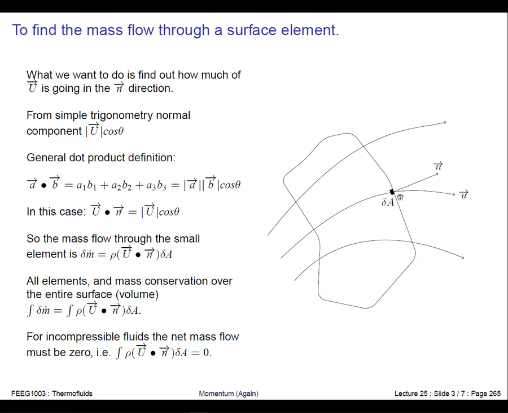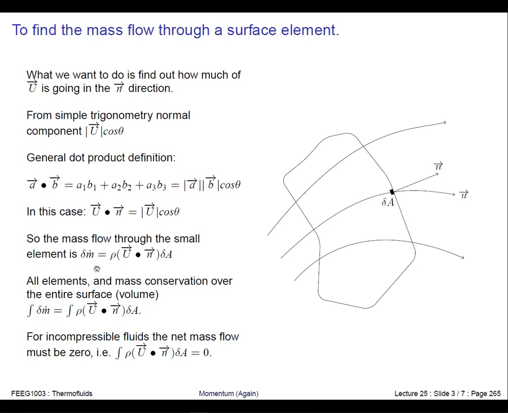If we've got vector A and vector B, vector A is the velocity vector, and vector B is the unit normal to this little area element. If I work that out, I end up with the magnitude of the velocity times cos theta, which is the component of this velocity vector in this direction. So this is the normal component of the velocity vector normal to this face, and this defines the mass flow through this area element.